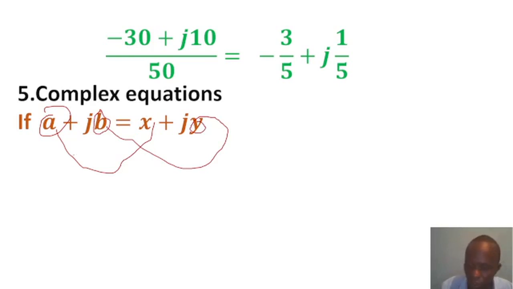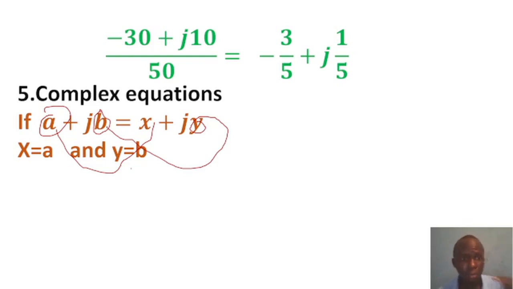So we are going to see that x is equal to a, y is equal to b. Why is y equal to b? Because y is bearing an imaginary part, or it's an imaginary number, and also b is an imaginary number on the right hand side.